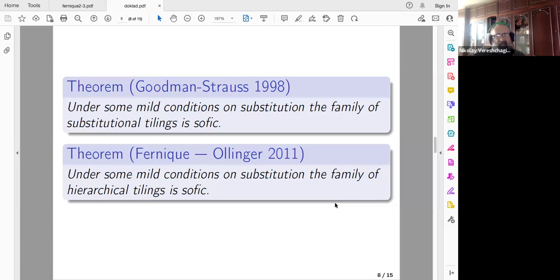But those mistakes can be fixed. And so one can obtain a theorem with an explicit statement and a proof that can be verified. So in the sequel, I will restrict myself only to the Fernique and Ollinger version of the Goodman-Strauss theorem. Is this clear?